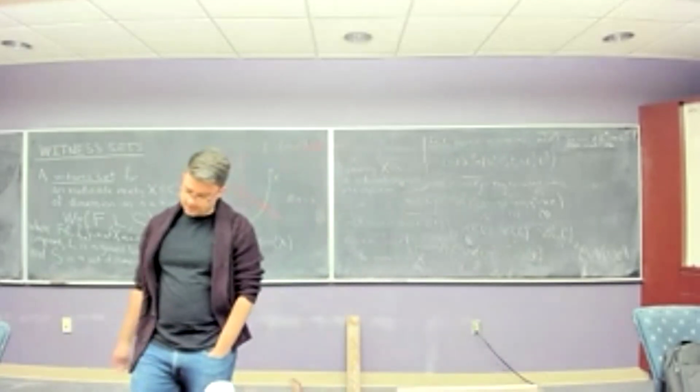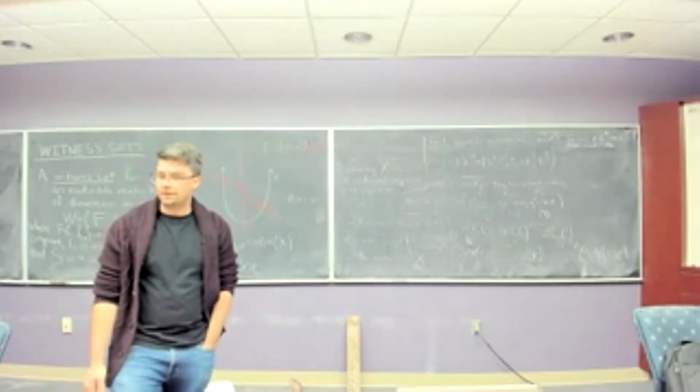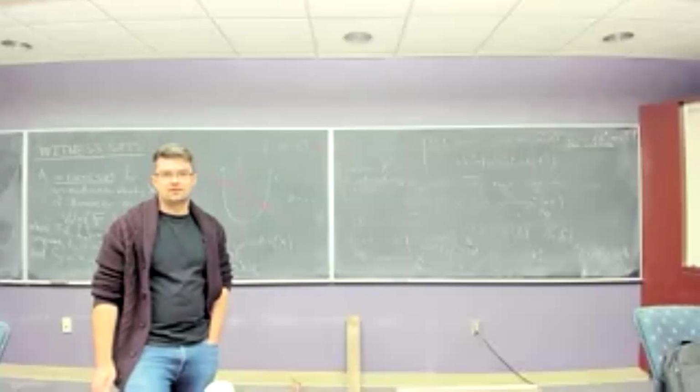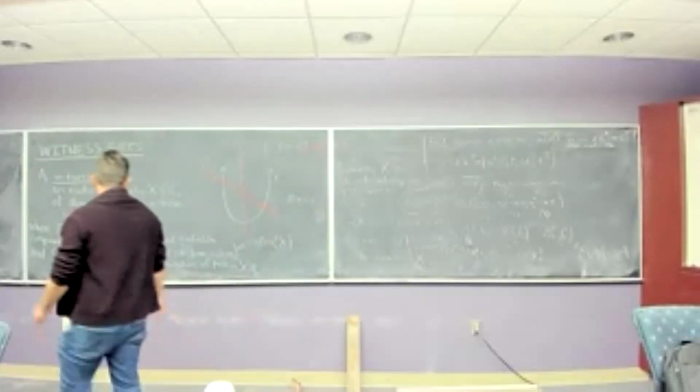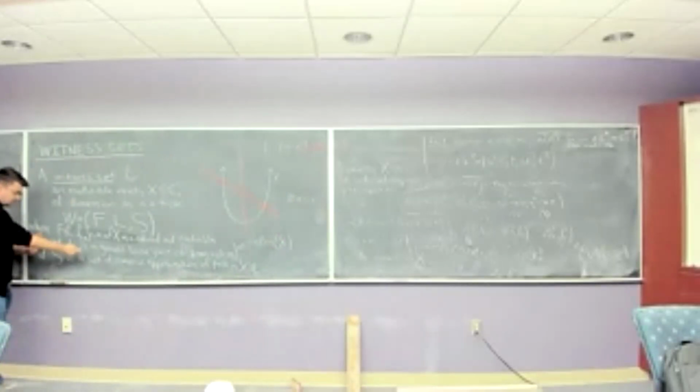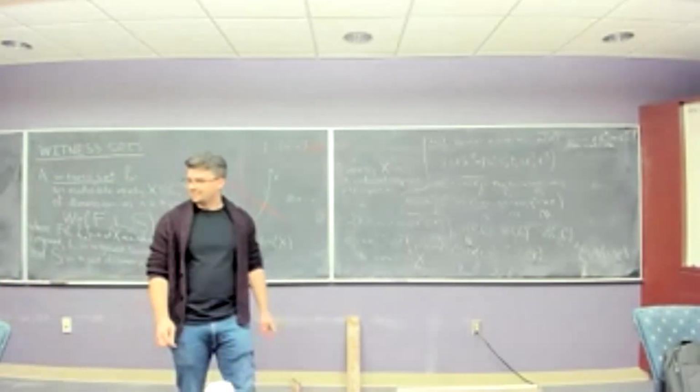And since proper subvarieties are small, it pretty much means a random one will have this property. So for all intents and purposes, L being a generic linear space means just pick a random one. You'll be fine.